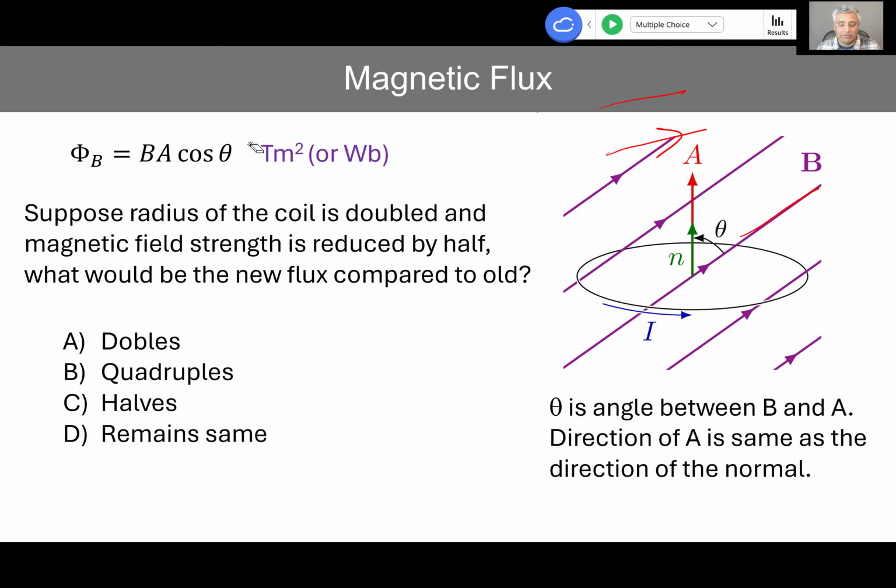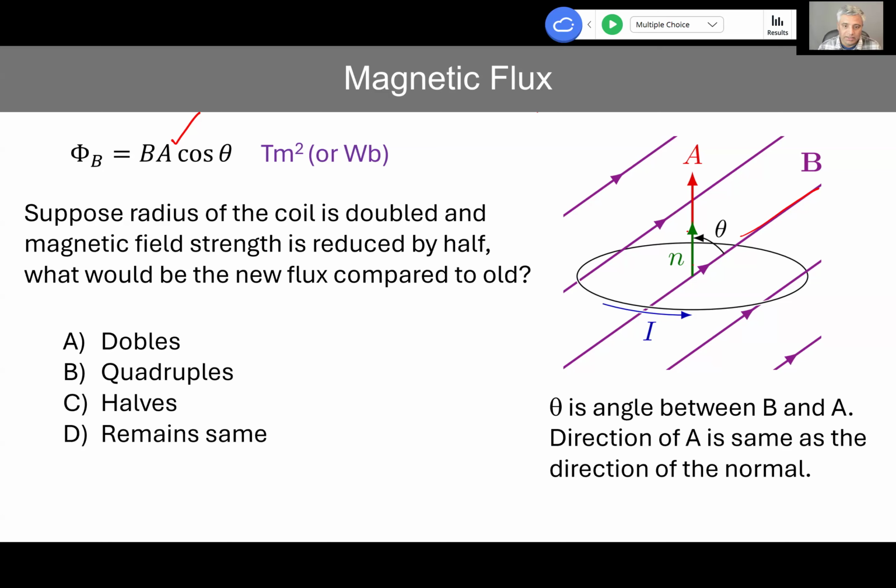But how do we figure out the direction of the area of a loop? The area itself can be found once we have the radius: it's pi r squared. But in this case, we need a direction of area. So here I'm showing the direction of area. Why is the direction of area up here, normal to the coil?